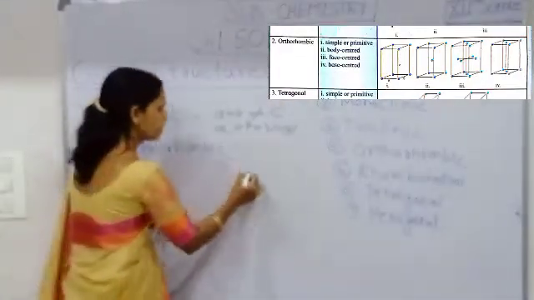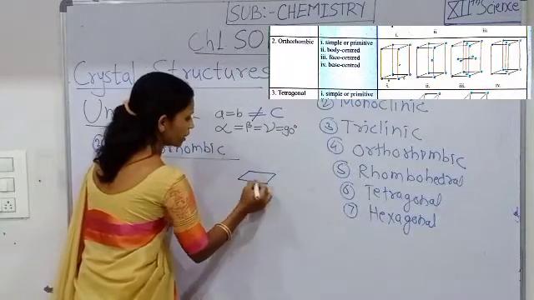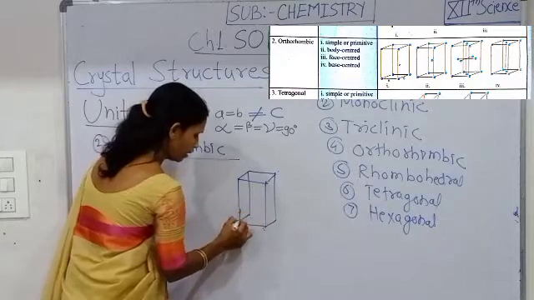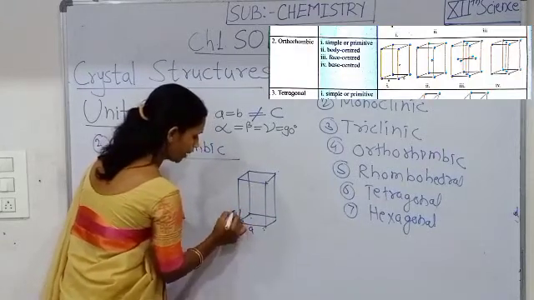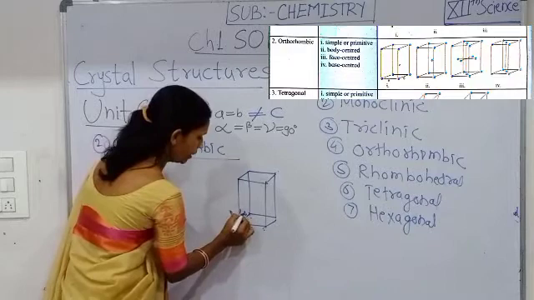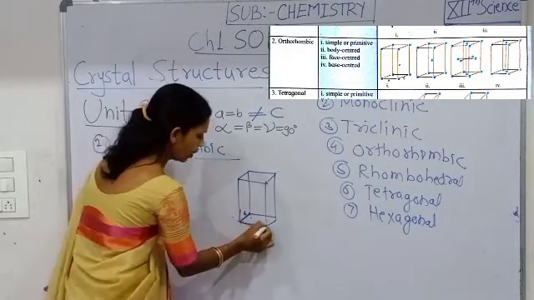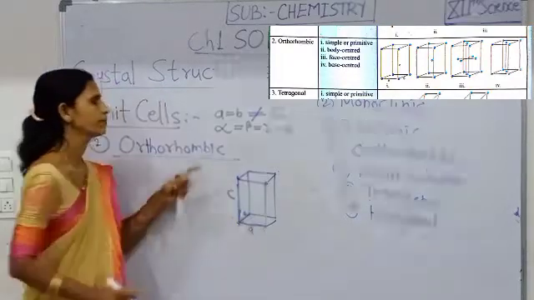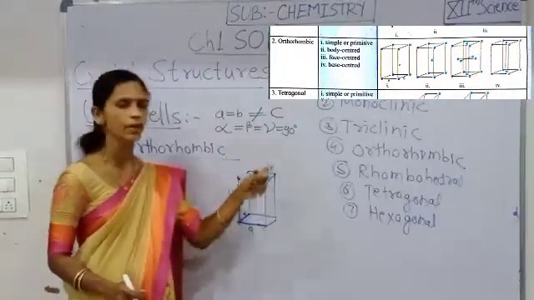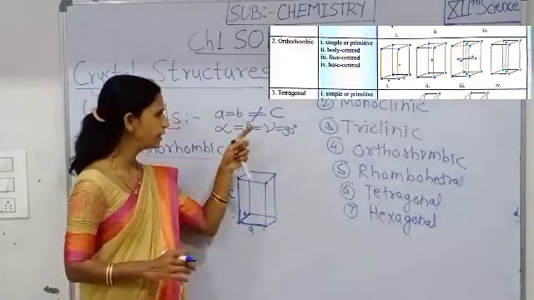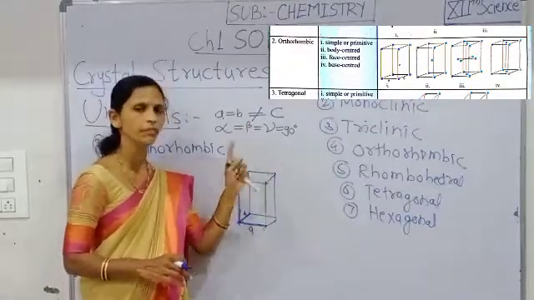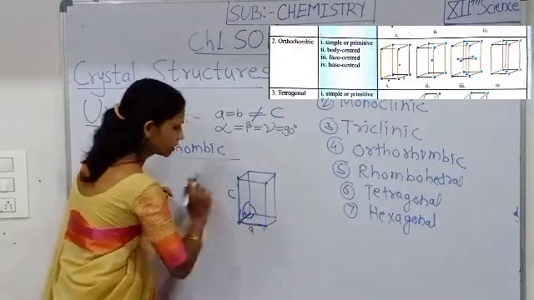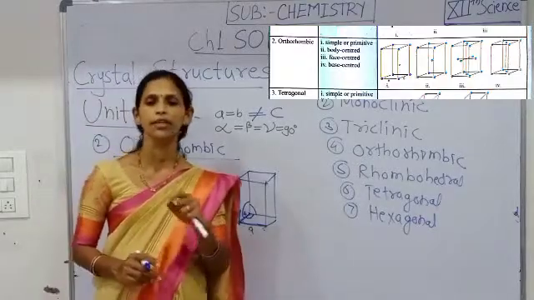Here the A and B edges have equal length, but C is of a different length, and alpha, beta and gamma are all 90 degrees.